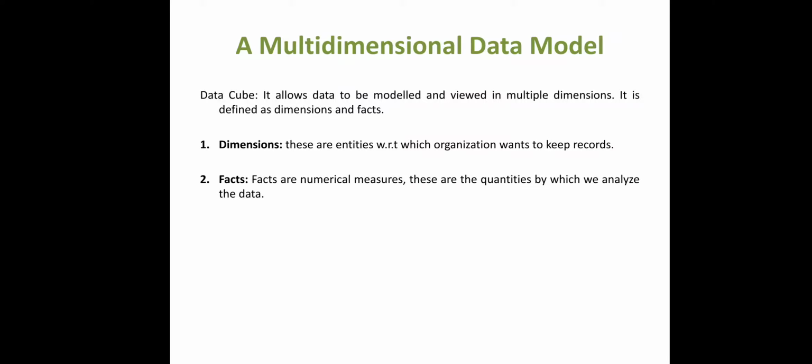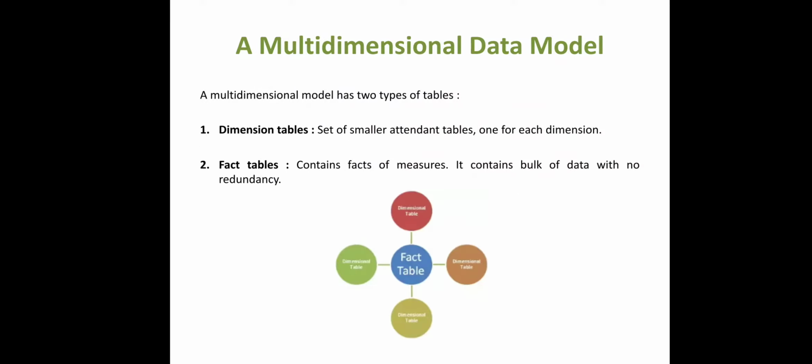And facts are the numerical measures, the quantities by which we analyze the data. We are going to see examples of this also. Before that, where do we store the dimensions and facts? For that we have dimension tables and fact tables.